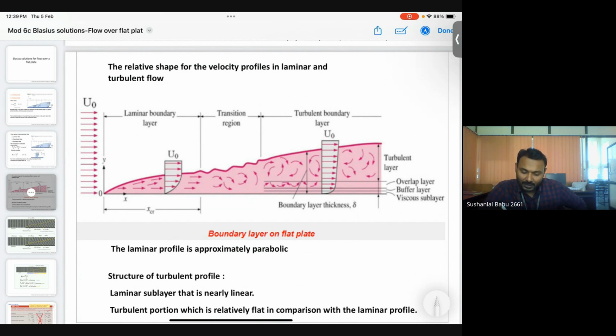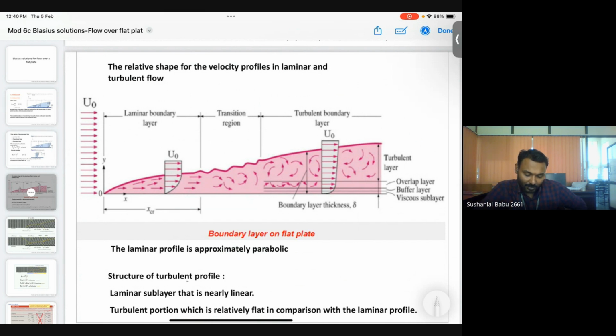Within the viscous sublayer, the velocity profile will be nearly linear, and towards the mainstream turbulent flow, it will be logarithmic in nature, and within the laminar regime, the velocity profile will be parabolic in nature. Okay, so that is what they are explaining.